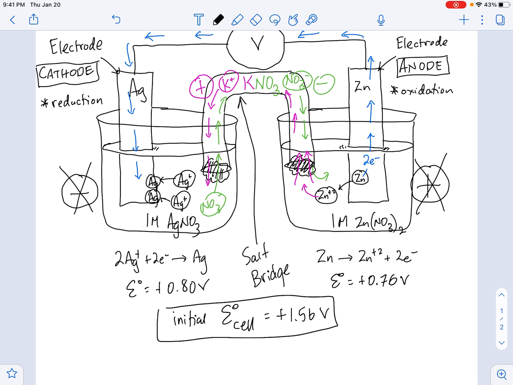As soon as that starts to drop, the potential starts to drop, and eventually your electrochemical cell is going to run out of juice, as it were, and your voltage is going to drop and drop and drop.